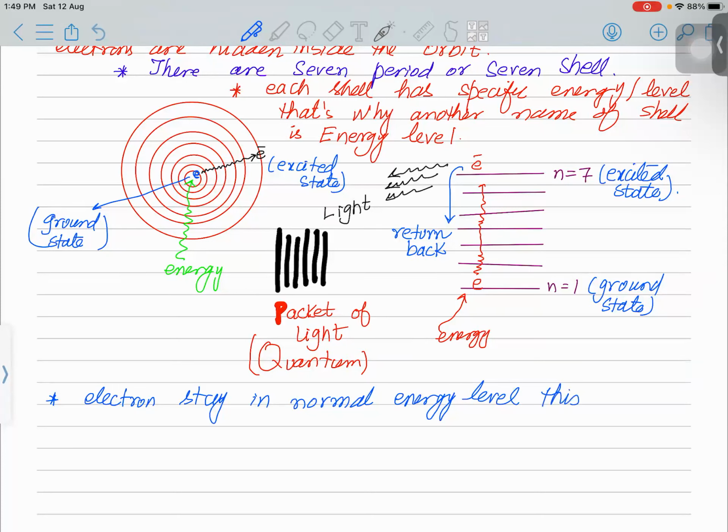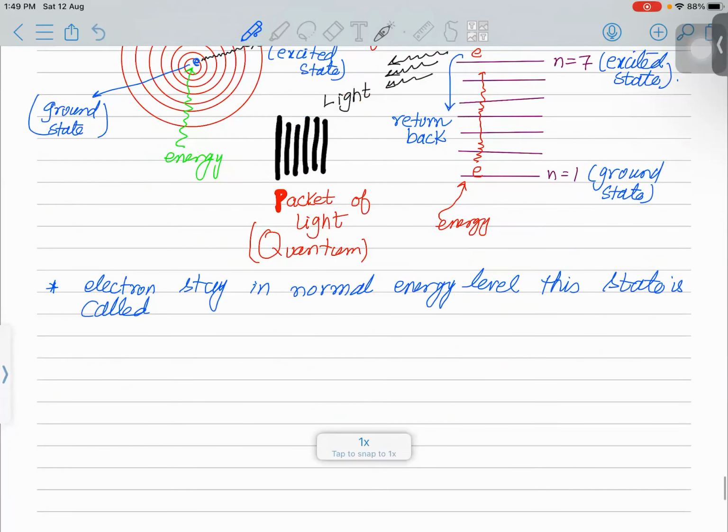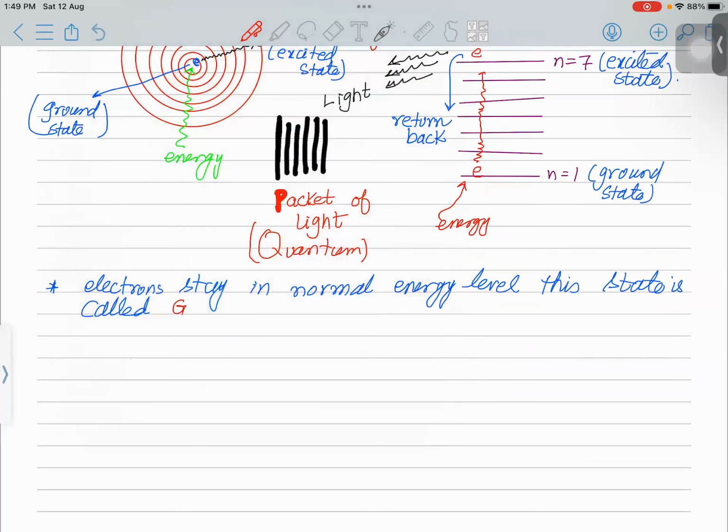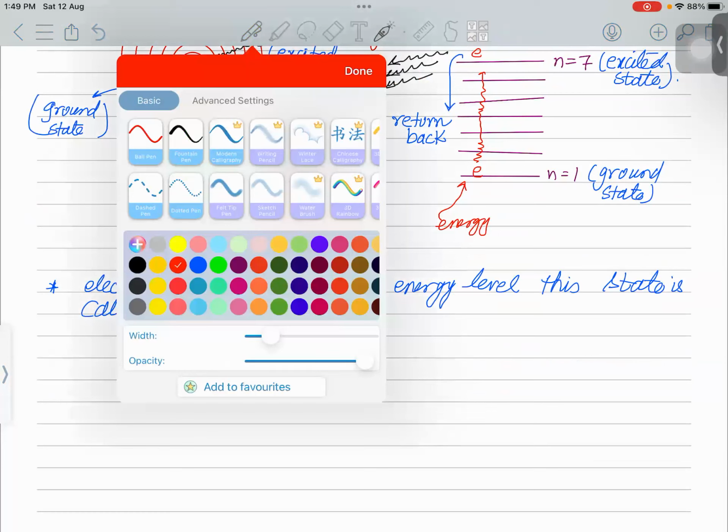This state is called, anyone? Ground state, very good. This state is called ground state.